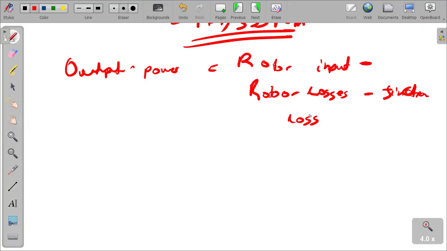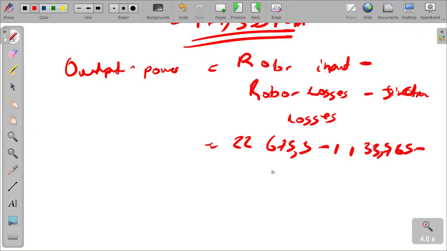Now, substituting what we already have, the rotor input power we have just calculated is 22,675.3, minus the rotor copper losses, which we did calculate as well, 765, minus the friction losses, that's 900 in total.